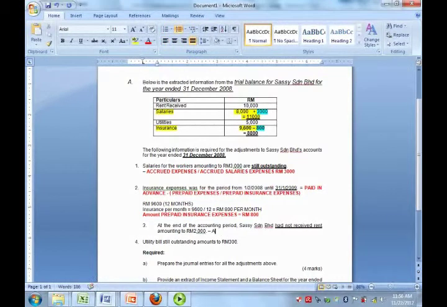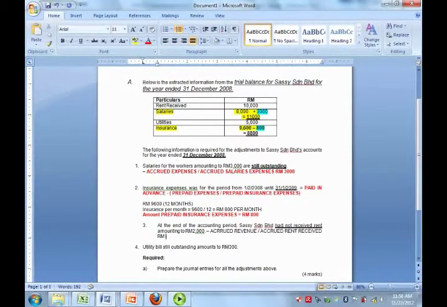So we call that accrued revenue, also known as accrued, or you can base on the terms given by the trial balance, accrued rent received. Correct? Can I know the amount of rent received that you still have not received from the parties? RM 2,000.